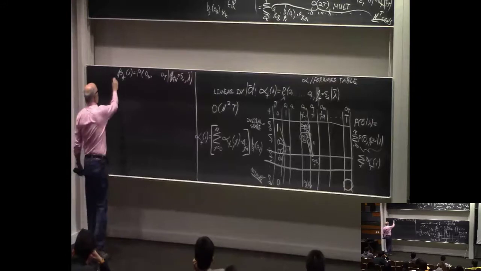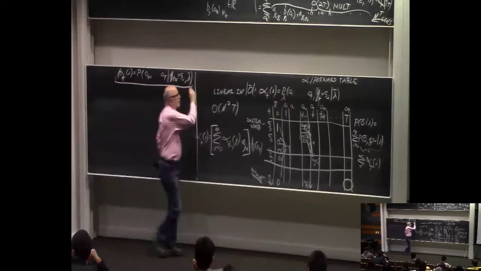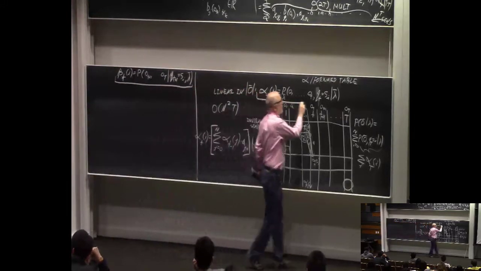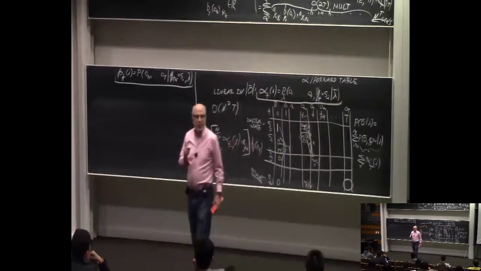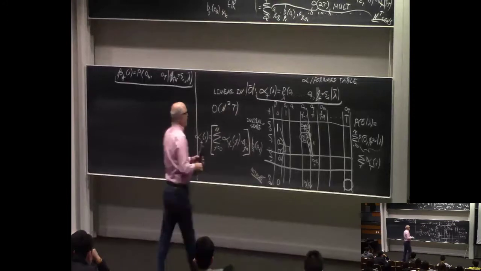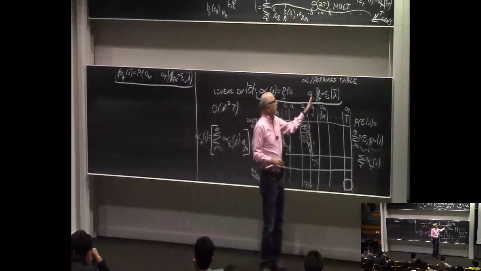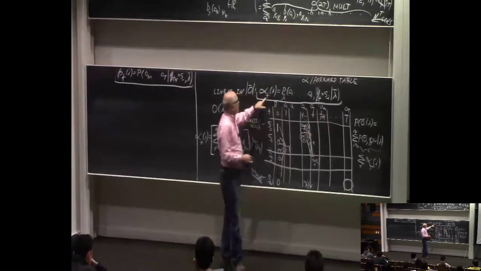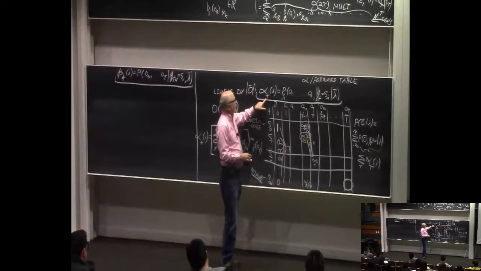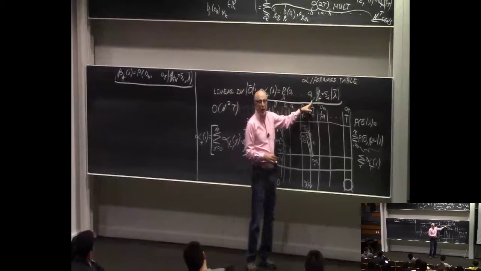Compare this definition of beta to this definition of alpha. They are similar and almost symmetric, but they're not quite symmetric. Yes, alpha goes from the beginning to a point, and beta goes from a point to the end. But first of all, the index of alpha is t. It goes up to and including t.